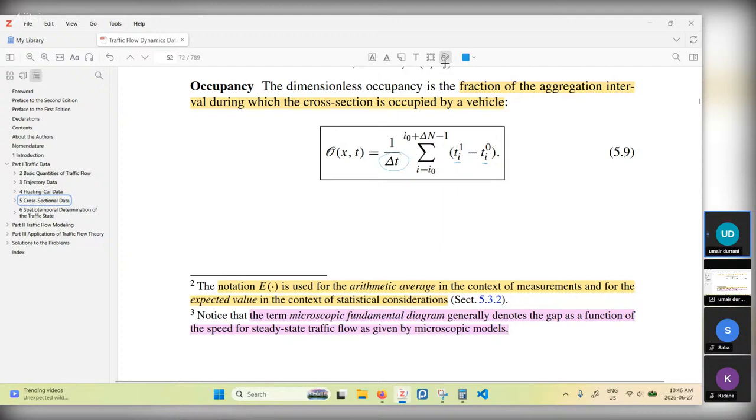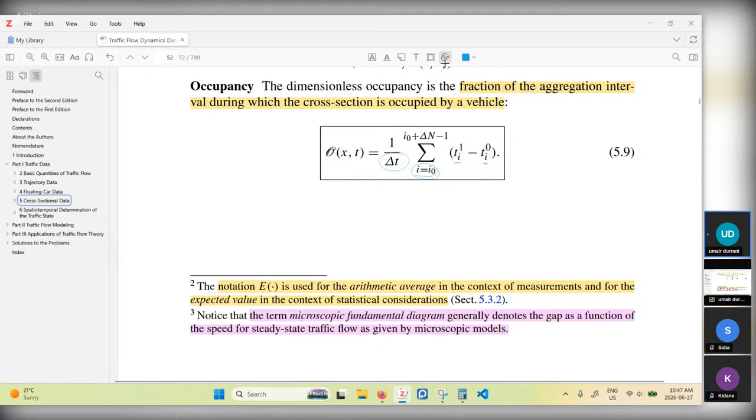And when we do that for all vehicles i, from i equal to 0 to delta n minus 1, that will give us all of the time that the vehicles were observed. Let's say there are 15 vehicles that were observed, and we observed their time to enter and leave the loop. We sum all of that, which gives us this thing, and then we divide it by the total aggregation time interval, which will give us the fraction of the aggregation interval during which the vehicles were occupying the cross section.